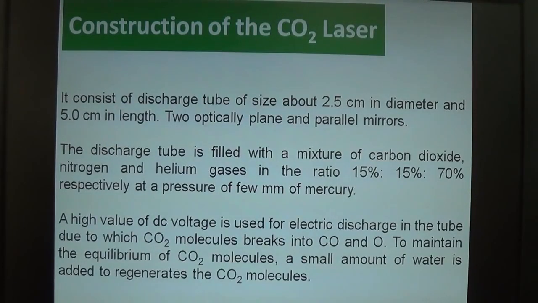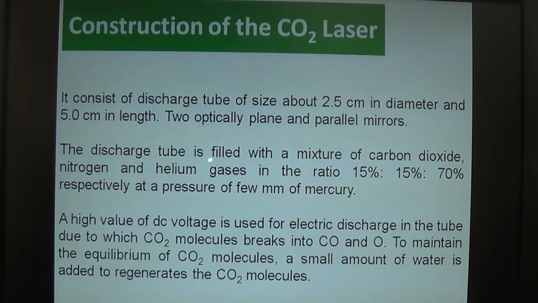Now the next part is about the construction of the CO2 gas laser. As you know, it consists of a discharge tube of about 2.5 cm in diameter and 5 cm in length. There are two optically plane and parallel mirrors. One of them is a complete reflector and the second one is a partial reflector.